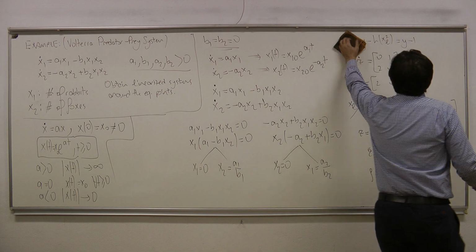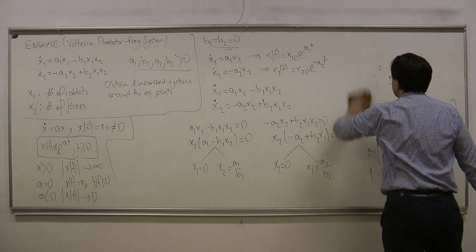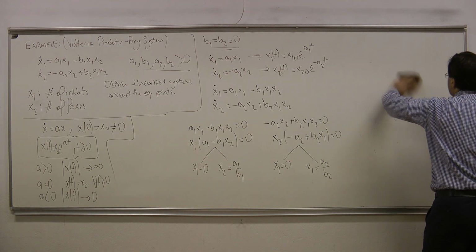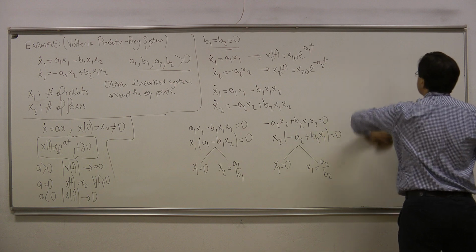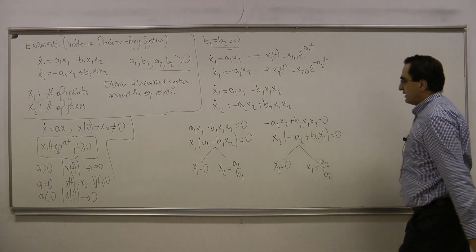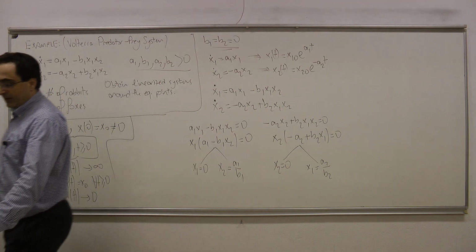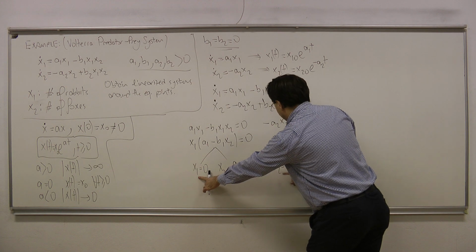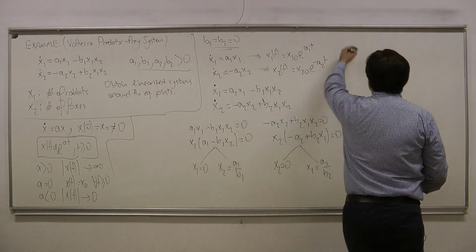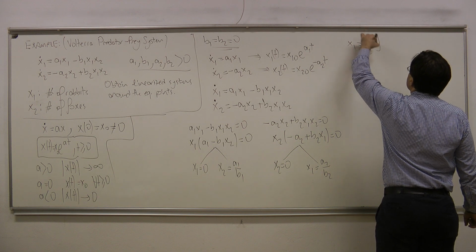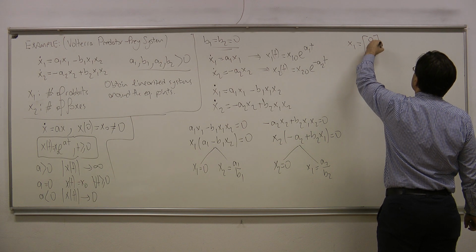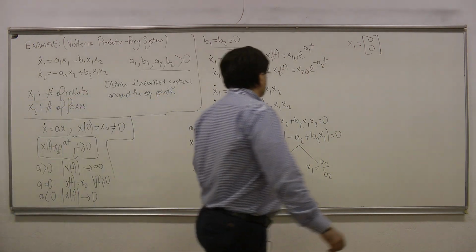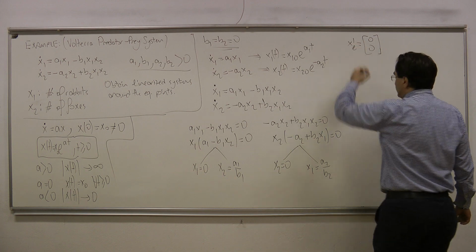So now from these solutions I can actually find the equilibrium points of this system. Now here, remember that both of these equations have to be satisfied at the same time. So you see that if I take x1 equals 0 and x2 equals 0, that is going to be an equilibrium point. So I have 0, 0. This is the first equilibrium point, xe1.